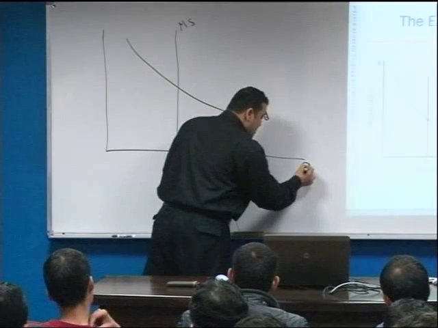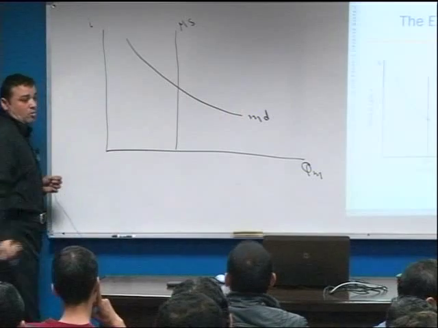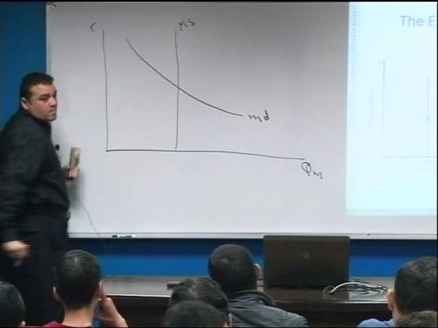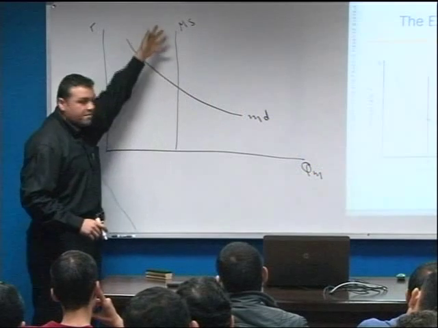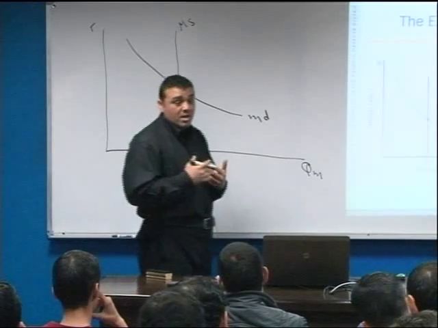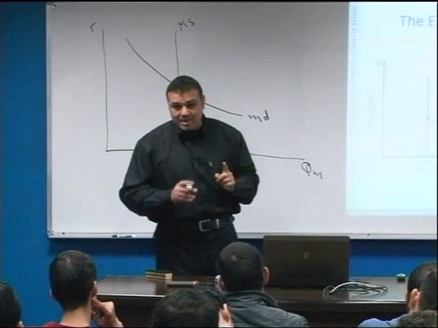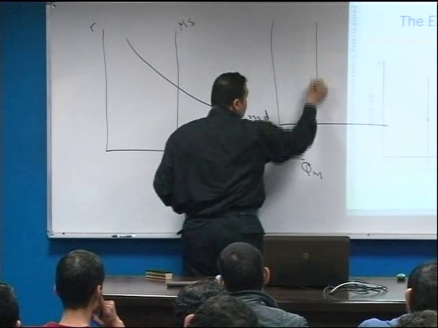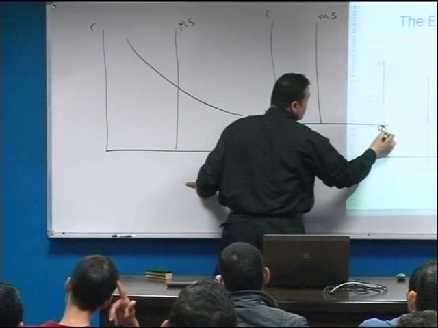The horizontal axis is the quantity of money, and this is the interest rate, I or R. As you see, the money supply curve is a vertical line, which means the interest rate does not affect the quantity of money supplied. Suppose this is the money supply curve.